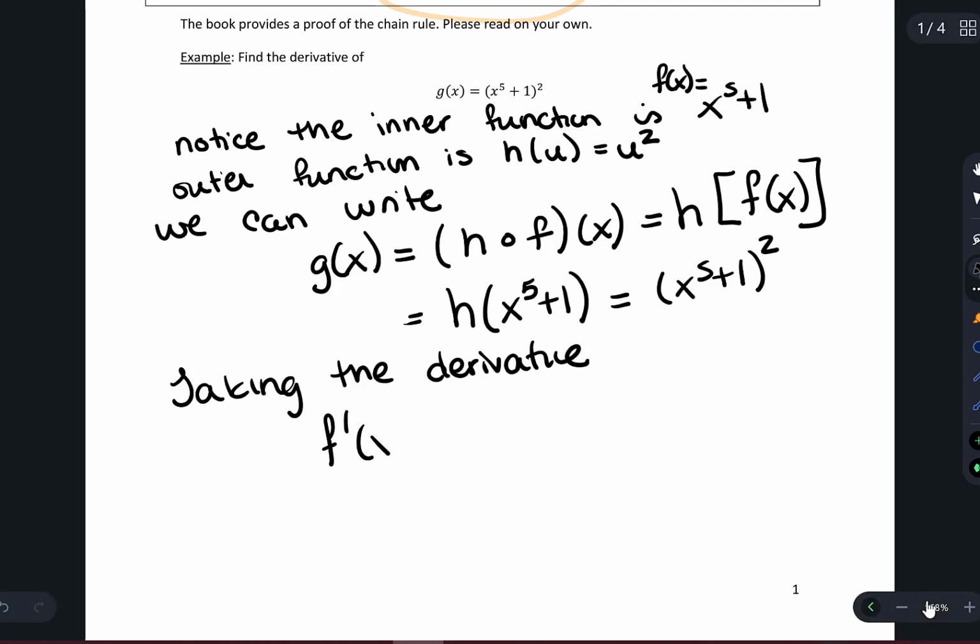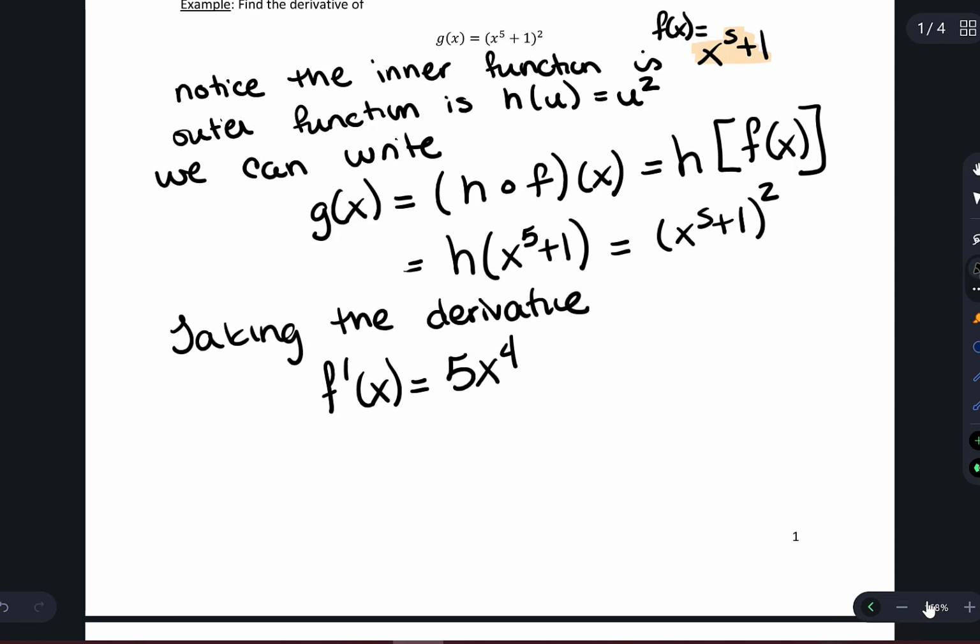So f prime of x, well, here is my f of x up here at the top, is just going to be 5 times x to the fourth by the power rule. And then I also need to take the derivative of h of u, and h prime of u is going to be equal to 2u.